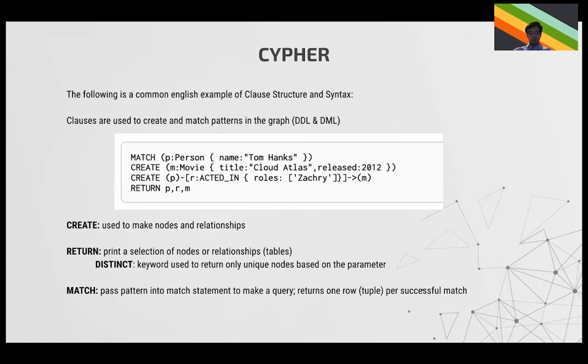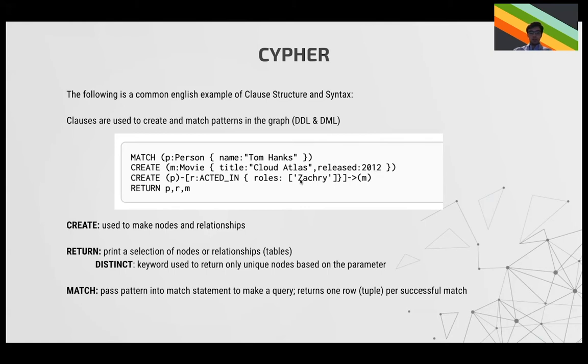So in this example, as you can see, we're trying to match a person P with the name of Tom Hanks. And once we find that person, we're going to create a new movie with the variable name M, with the title of Cloud Atlas and a release date of 2012.